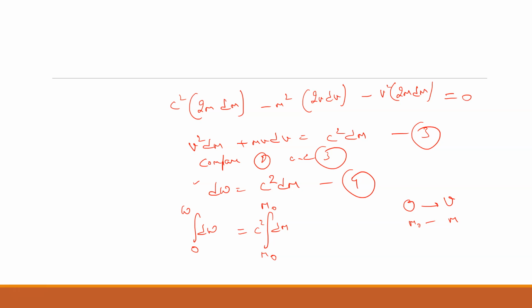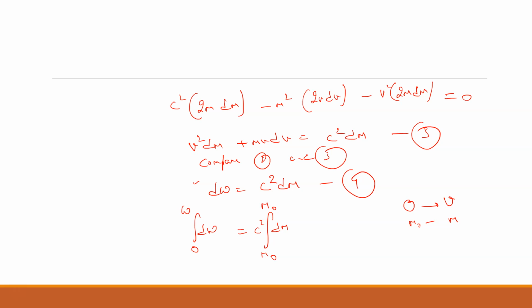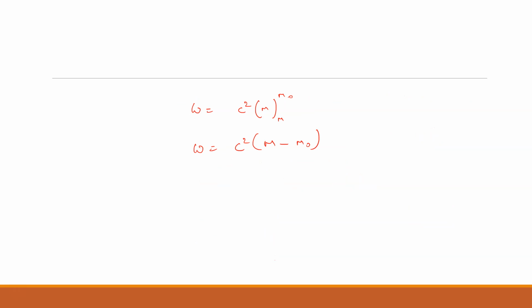So w equals c square, limits m to m naught, w is equal to c square (m minus m naught). This was our equation number 4, and this will become our equation number 5.